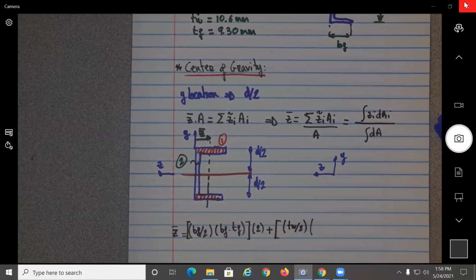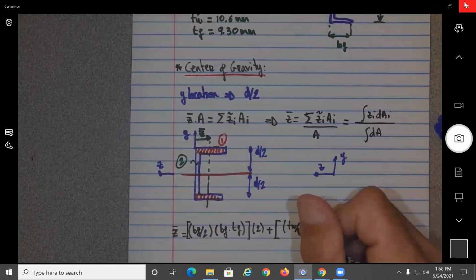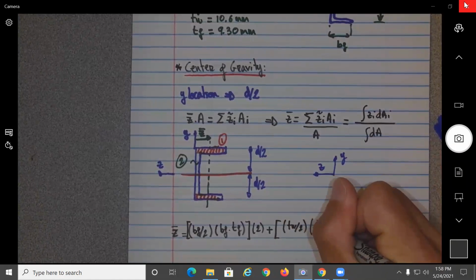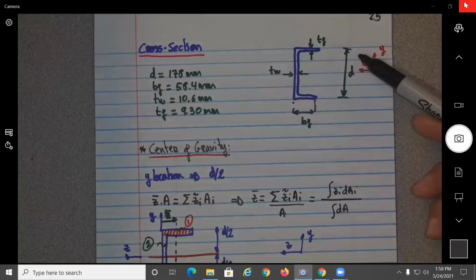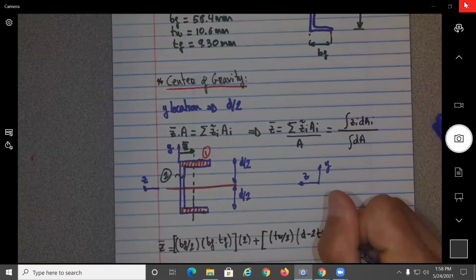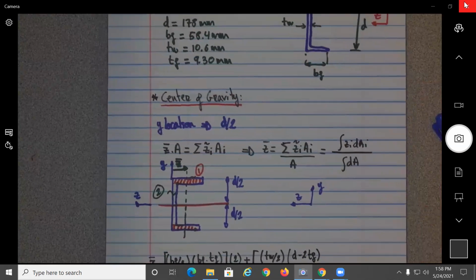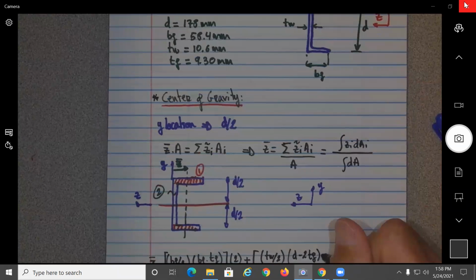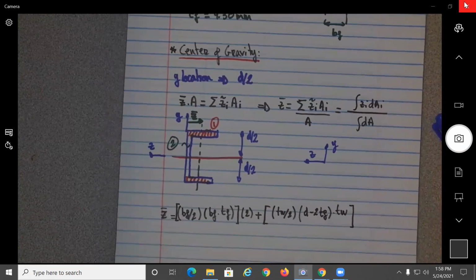Should be, so the total height minus, so D minus twice the thickness of the flanges, minus 2TF times TW. I'm not writing too straight over here. Sorry for that.